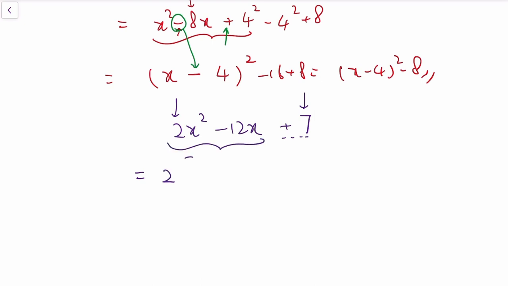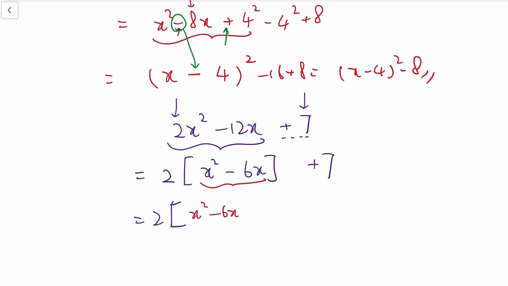So take out a 2, so it's x squared minus 6x, and plus 7 would be left outside the bracket. And then you do the same process inside this square bracket. Same process as in you add a number and then take it away, but everything happens inside the square bracket.